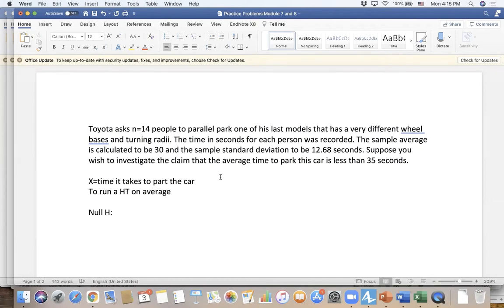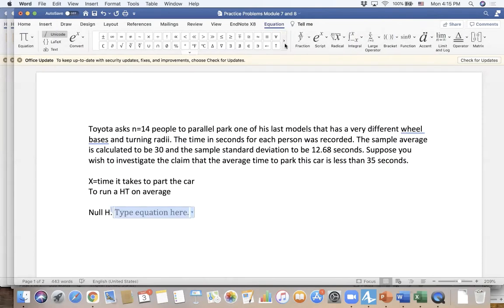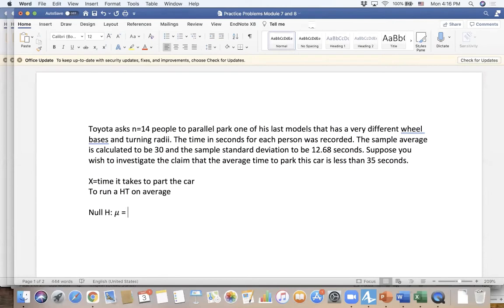How did you make that conclusion? Well, they're saying the claim is it's less than 35, so that's the H1. Yeah, mu would be equal to. Exactly. So mu equals 35.